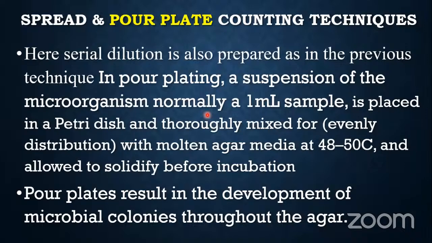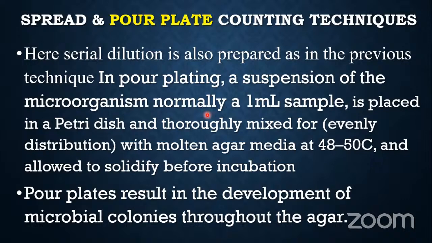Some methods can actually pour the last 1 ml in a plate and pour the molten agar on it and gently swirl the plate also for even distribution. Then it will now solidify.